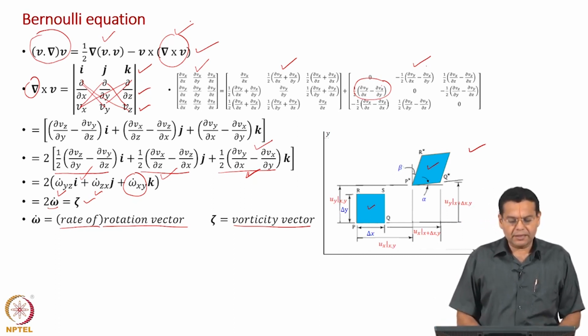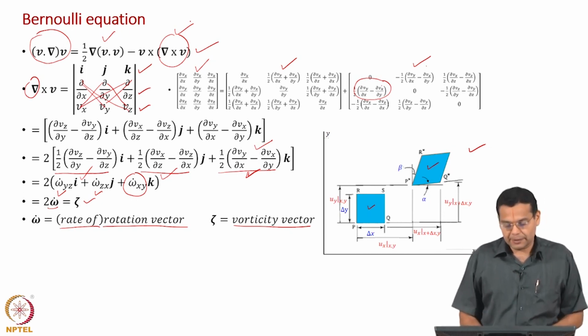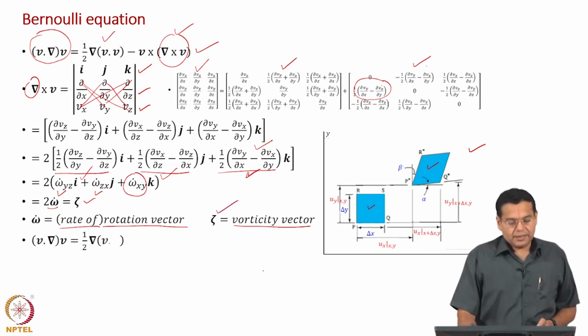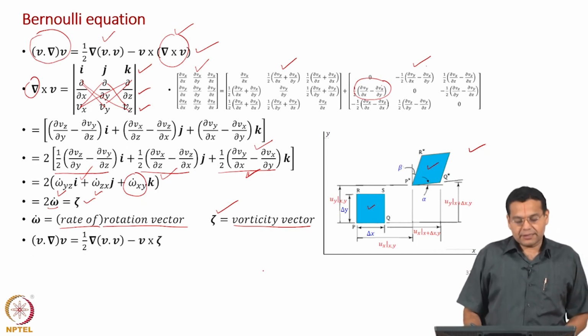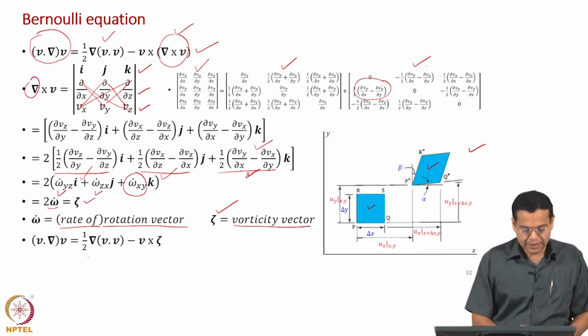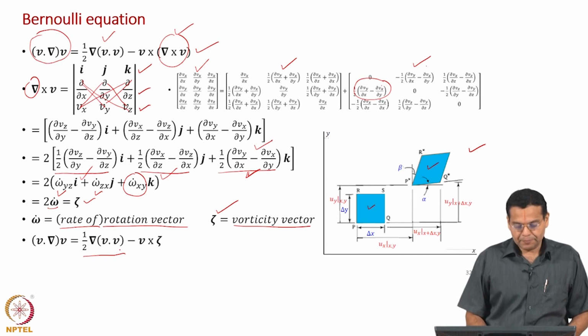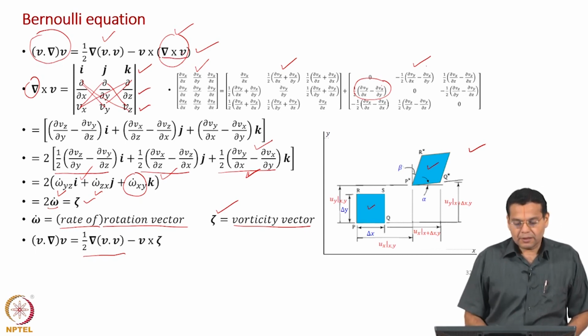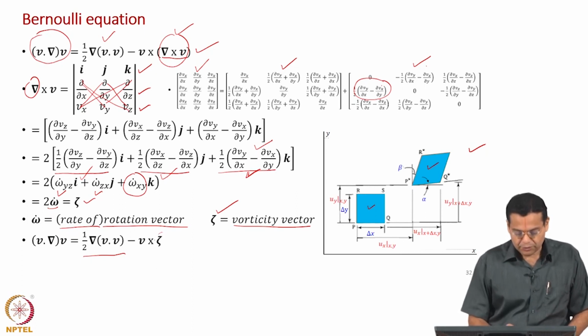So del cross V has the significance of twice the rate of rotation vector, and we denote that by the vorticity vector. So, let us do that.